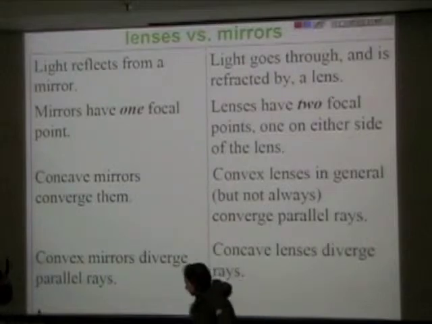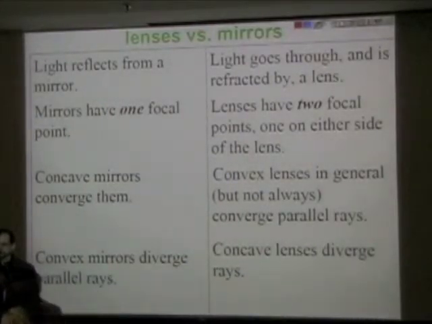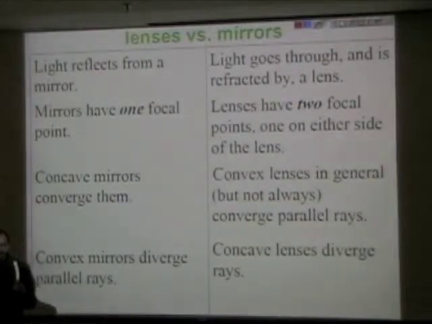So this kind of mirror can form a real image as well as a virtual one, depending on the distance from the object to the mirror. A mirror like that can't form any real image. It forms only a virtual image.